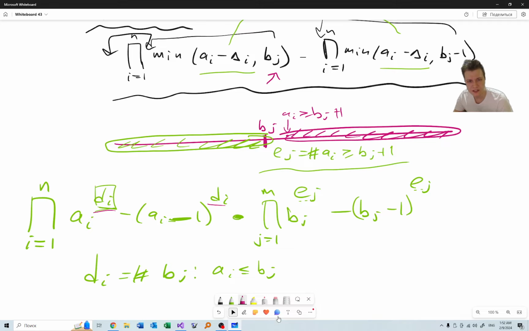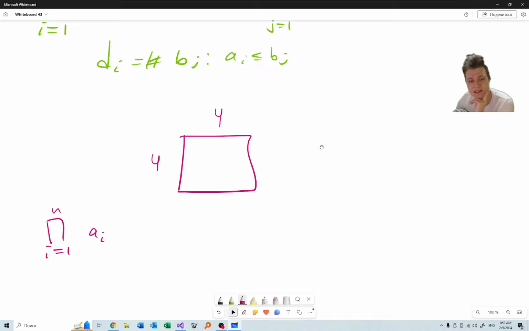Of the number of di's which are strictly less, number of di's which are at least ai, and this is 1. Okay, so this is simply 1.